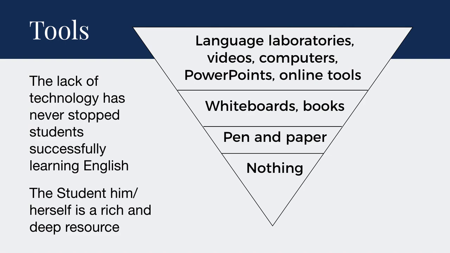Then you might have just pen and paper, whiteboards and books a little bit later, and if you're lucky, you'll have language laboratories, videos, computers, PowerPoints, online tools. So depending on where you're teaching, you're going to have different tools available to you, but even if you have nothing, it doesn't stop you from teaching.